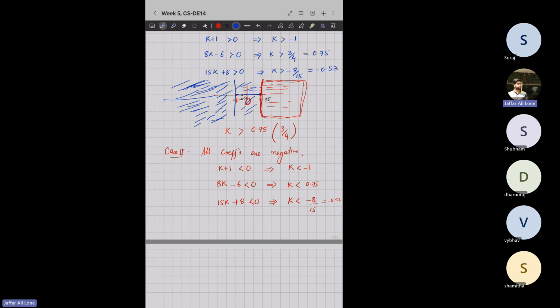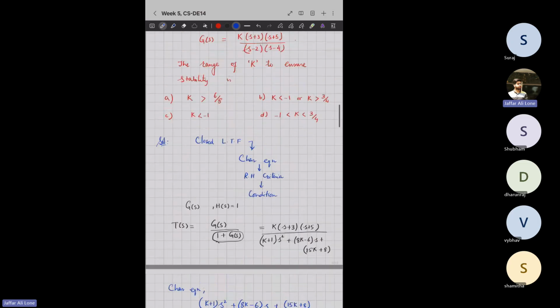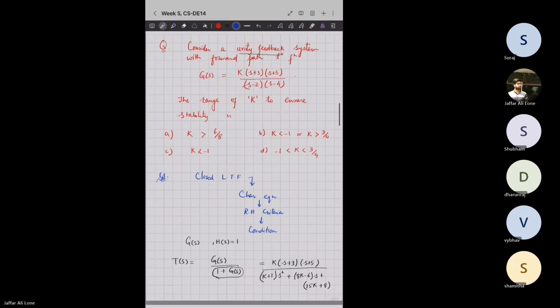The intersection is, so from here you can conclude your K should be less than minus 1. Now, based on this, tell me which option is correct. Did you understand, or do I need to explain it again?